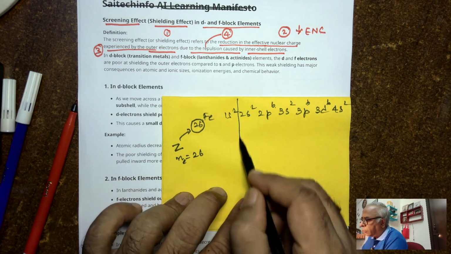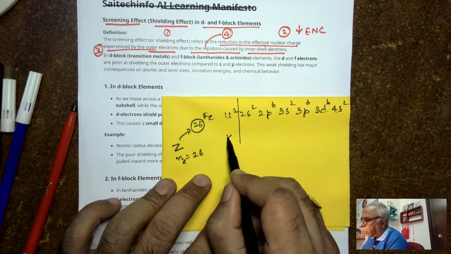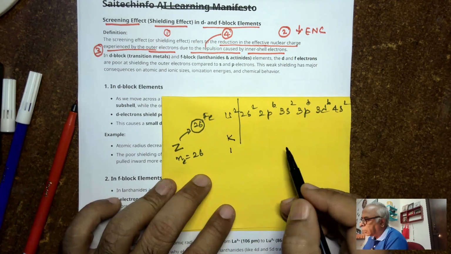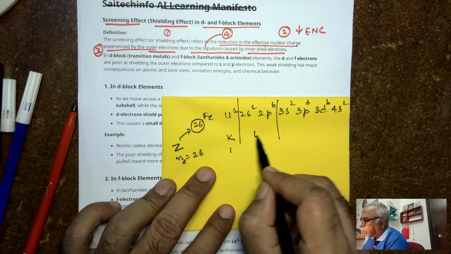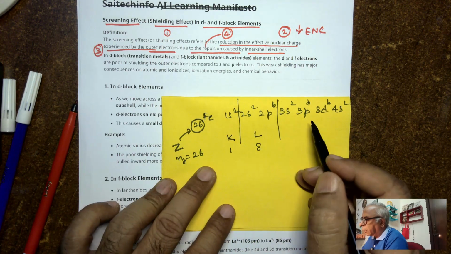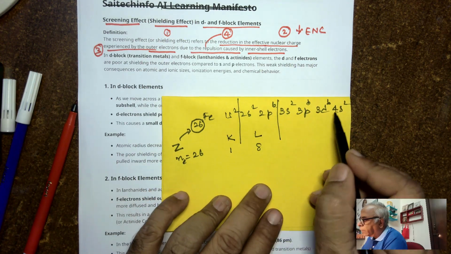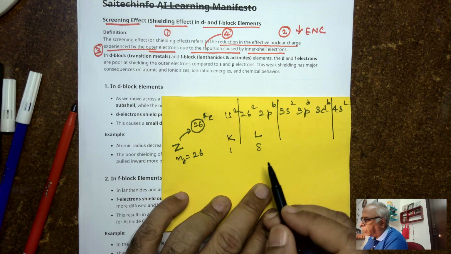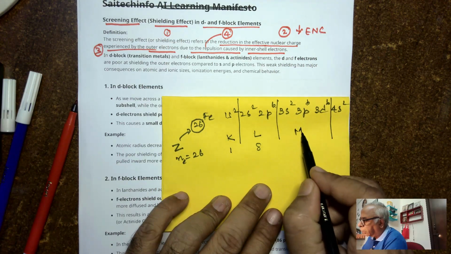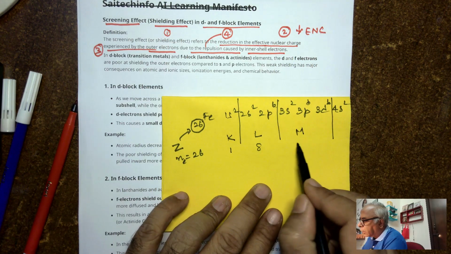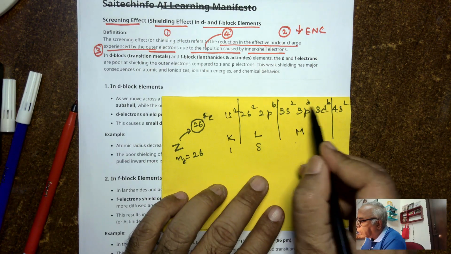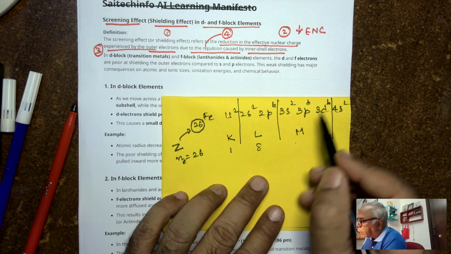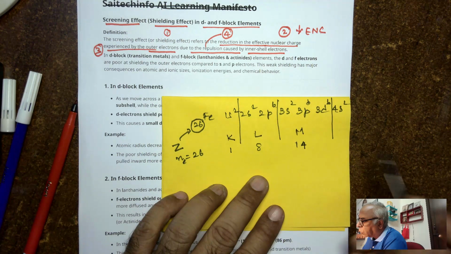And this is the first shell. Let me call it K shell, or the first energy level. Now the L shell has 8 electrons. And the third shell, that is the M shell, has 2 plus 6, 8 plus 6, 14 electrons.